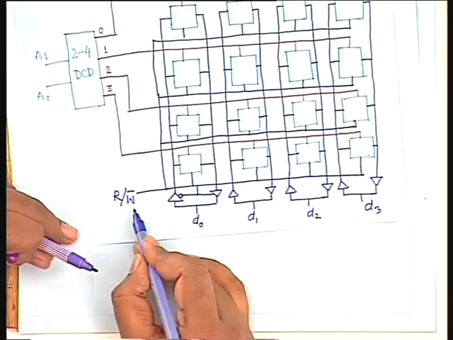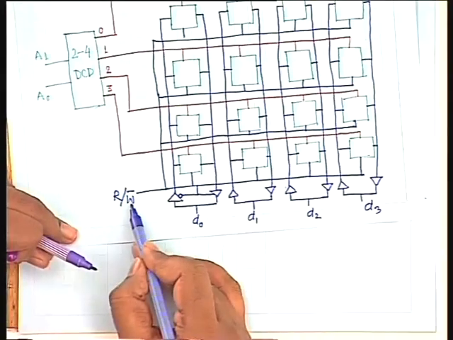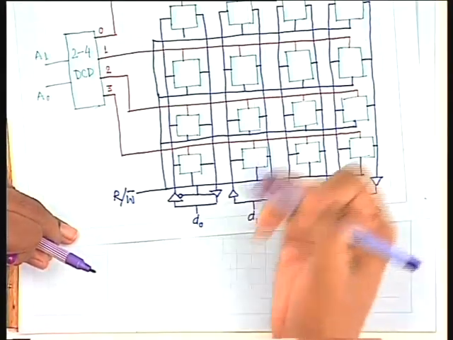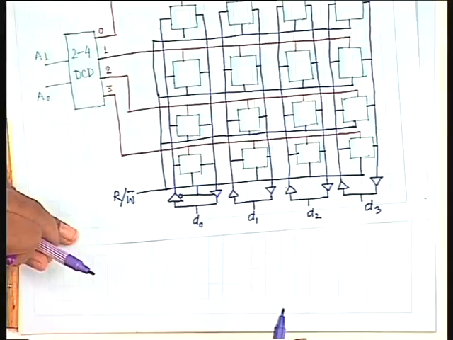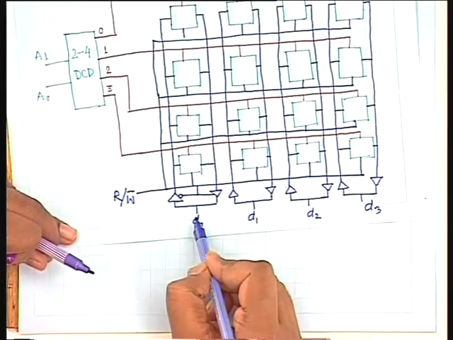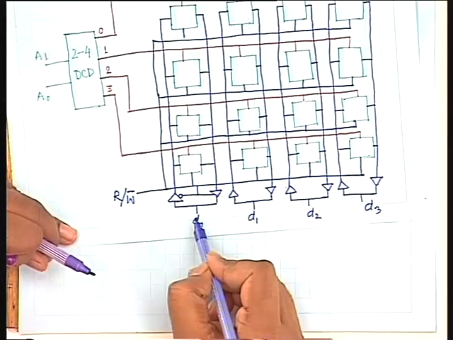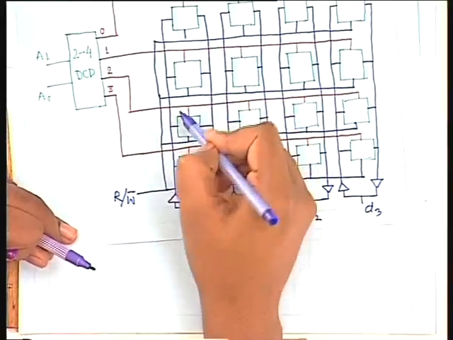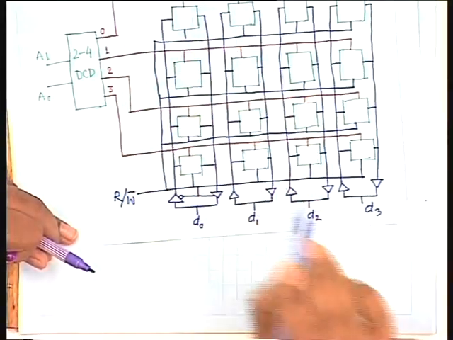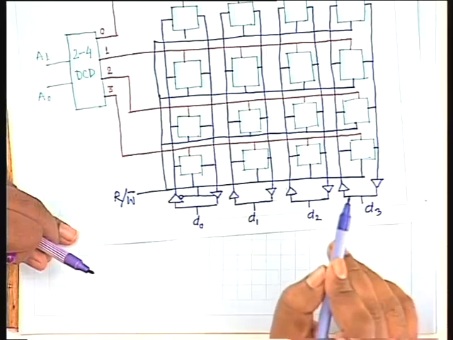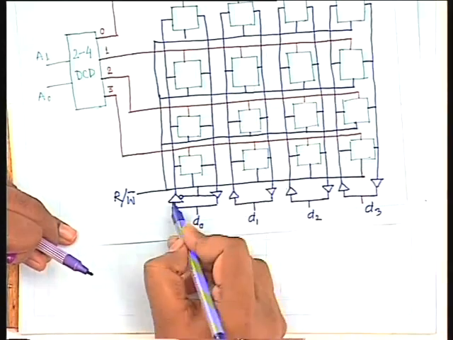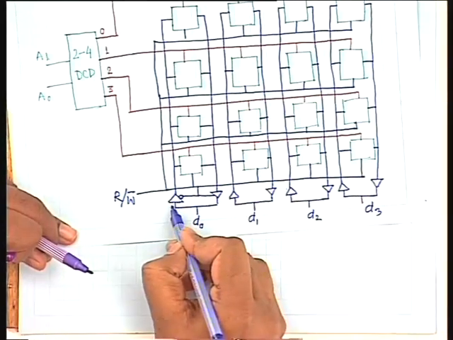So when the read-write bar signal is low, the operation you have to perform is a data write operation. Whatever is available on the external data line has to be written into the cell which is selected by the select line. That means the data flow is in the inward direction, so this particular buffer has to be active.